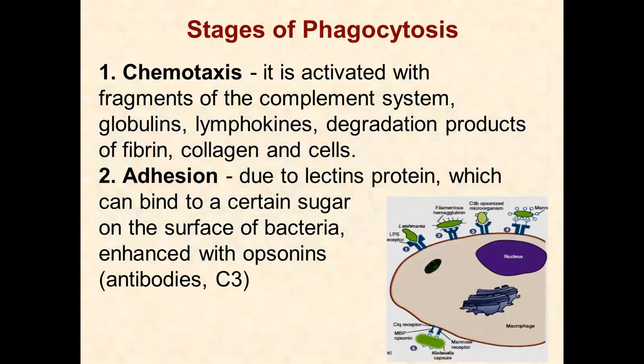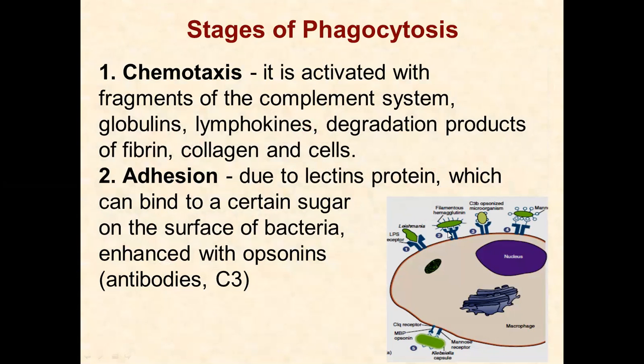The first stage of phagocytosis is the chemotaxis. It's the movement of phagocytic cells to the invading pathogens. The chemotaxis is activated with fragments of the complement system, globulins, lymphokines, and degradation products of fibrin, collagen, and cells. The second step is the adhesion.